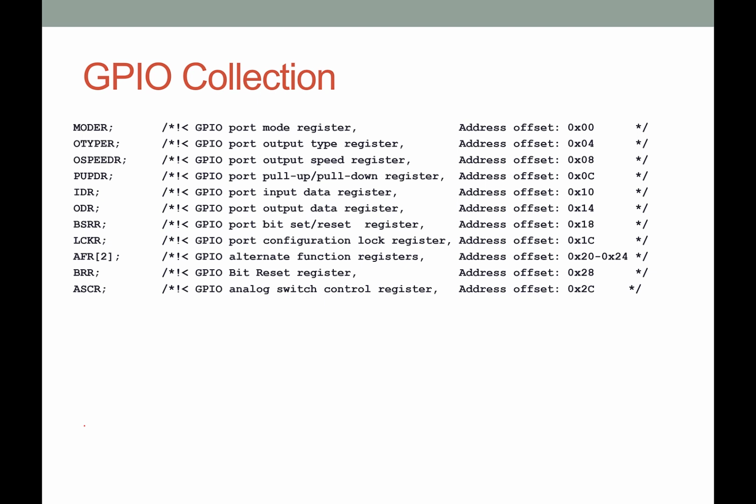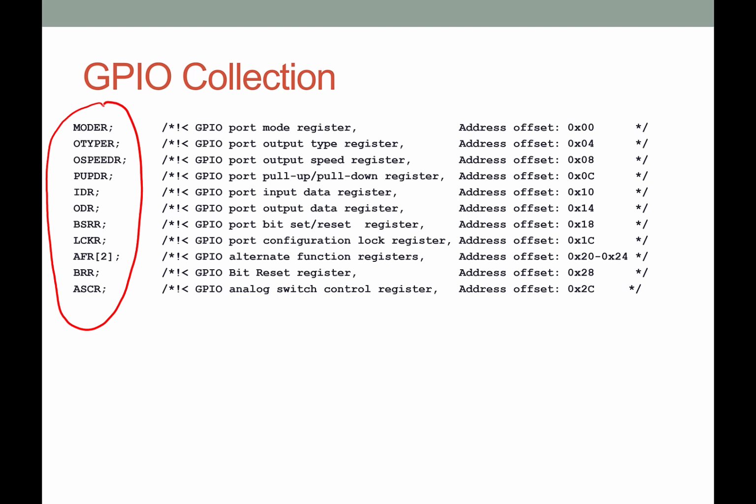Now each GPIO port, we already talked about this, has all of these registers associated with it: the port mode register, the output type register, the output speed register, the pull-up/pull-down register. All of these are important registers that each GPIO port has.